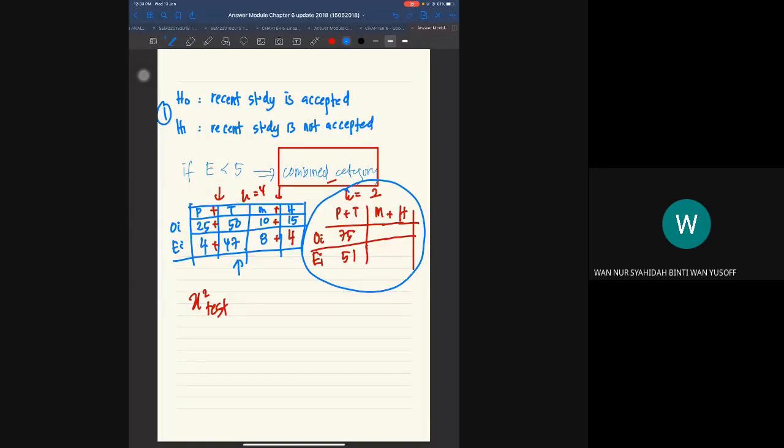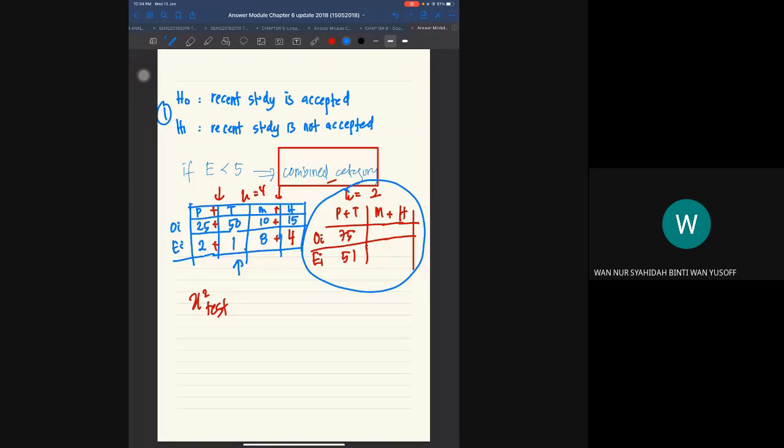After you ensure that all the E are greater than 5, then we can proceed with the chi-square test. You need to combine the categories until all the E are greater than 5. So let's say that we have here 2, here 1.